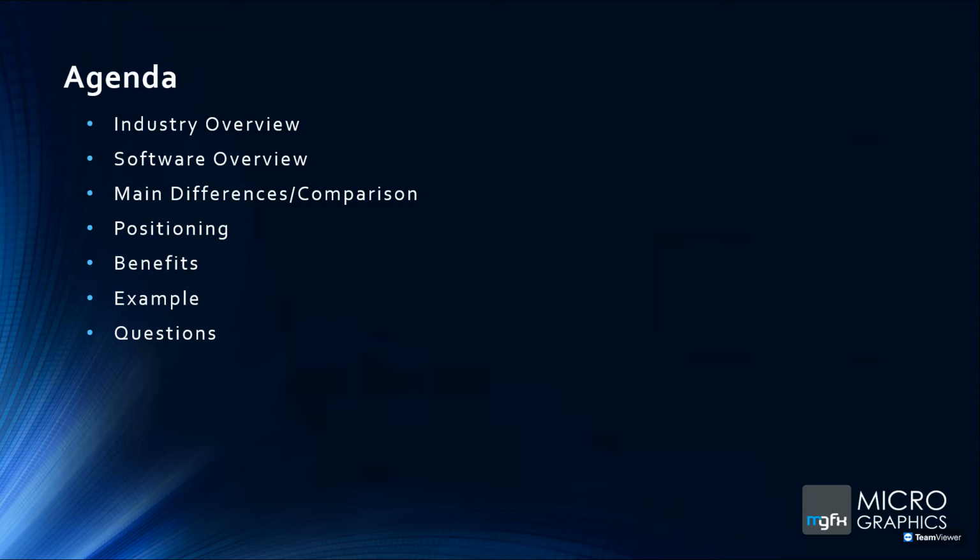Then we'll look at an example and go through the different aspects that you need to ask yourselves to see which of the two software will fit in your environment. Then we'll conclude with some questions and that sort of thing.